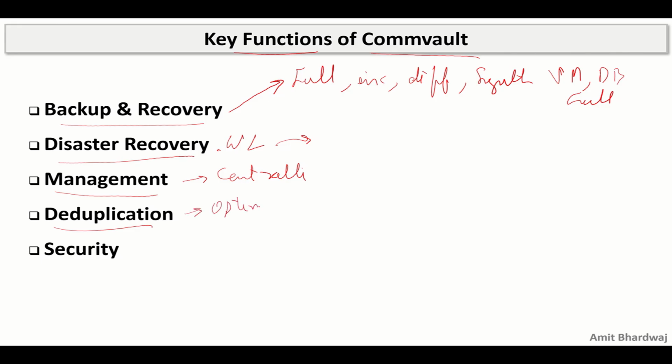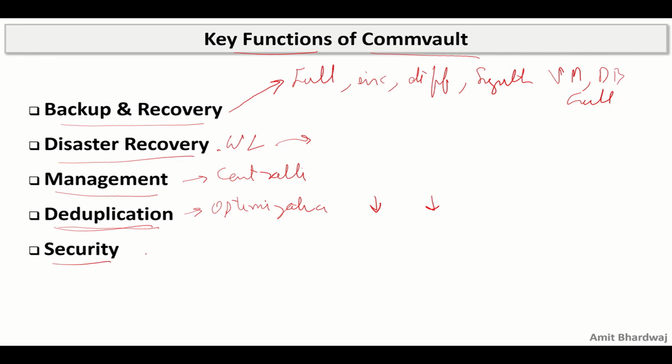Deduplication. Deduplication is about optimization, and in this case the benefit is, with the help of deduplication, a technique which is used in Commvault, the bandwidth which is required between client to media server or media agent reduces drastically. And in fact, the storage requirement also comes down with the help of deduplication.